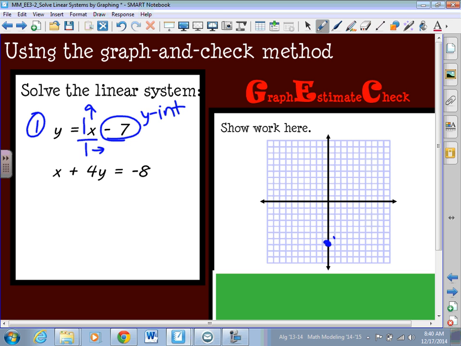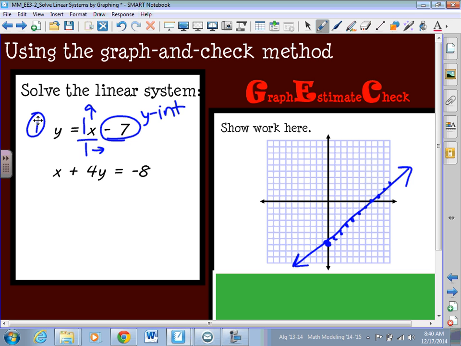Up and to the right, up and to the right, and this ends up being my line. I'm going to draw my line through the points. You might want to use a ruler for this, or make a whole bunch of points.